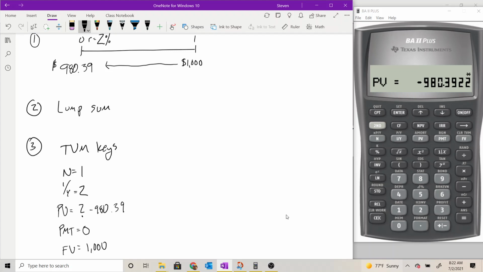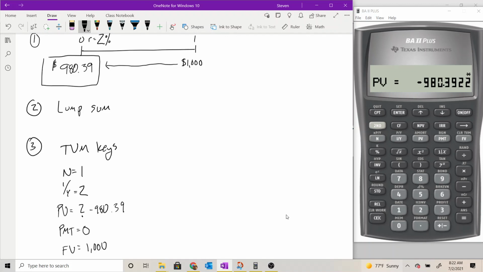So from the perspective of the bond buyer, if they were to spend $980.39 on this bond today, and then 1 year from today would receive a cash inflow of $1,000, the investor will earn 2% on that investment.